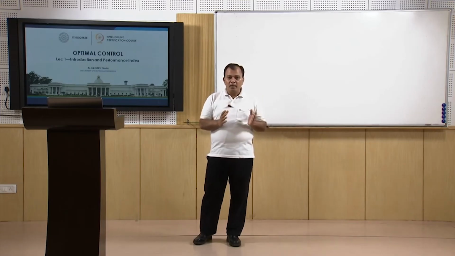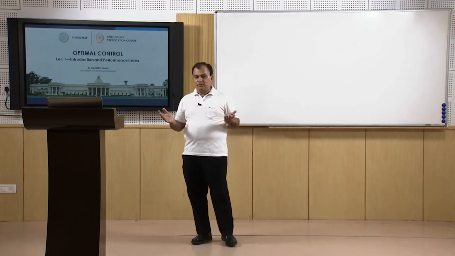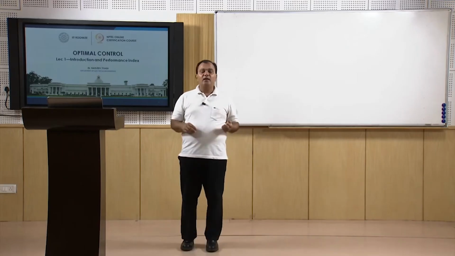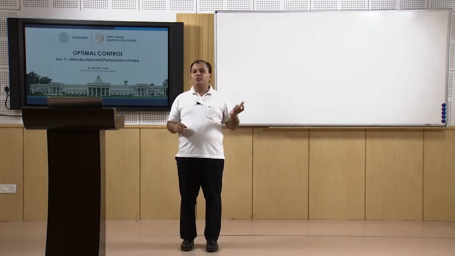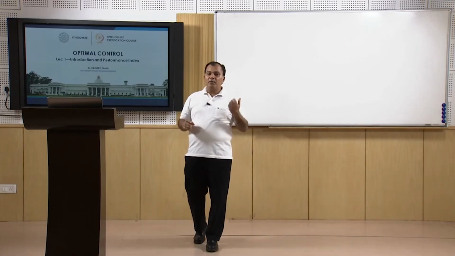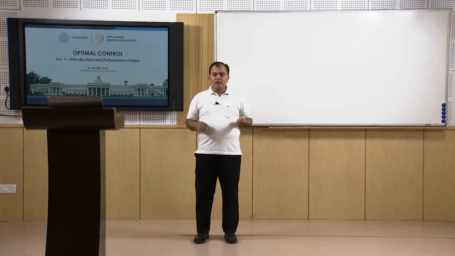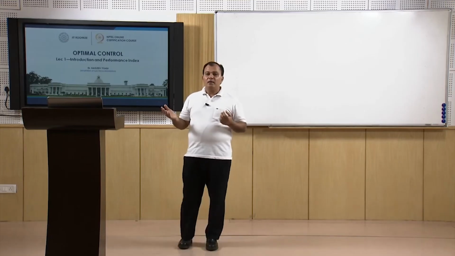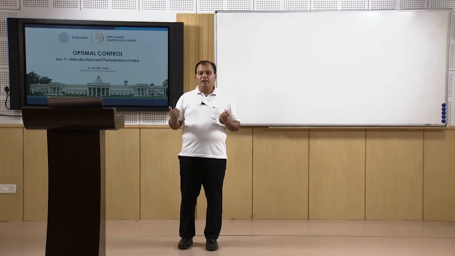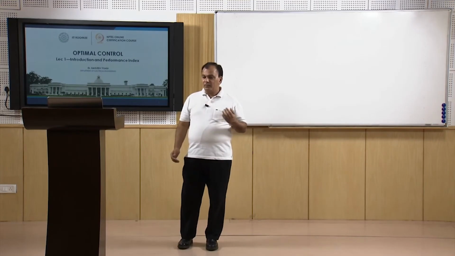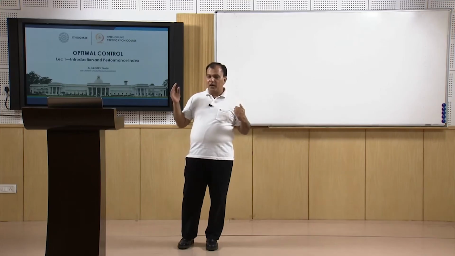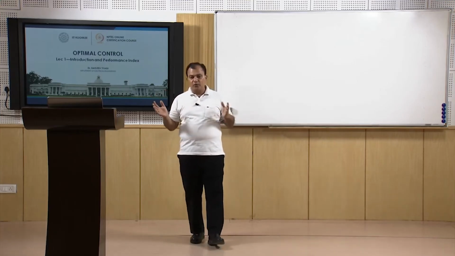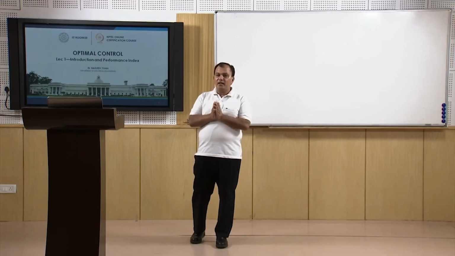In control, it may be the minimum error in my required output, where input is my desired input, output is the actual output, the difference is the error, and we are trying to minimize this error.